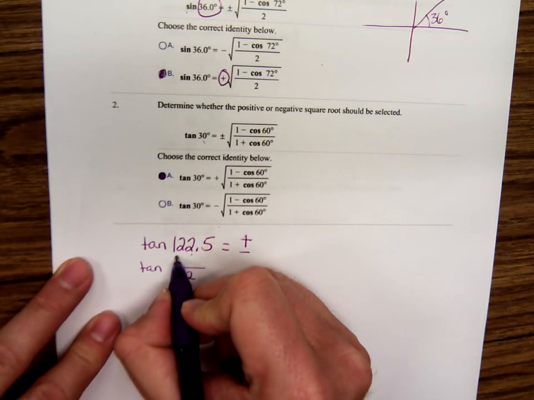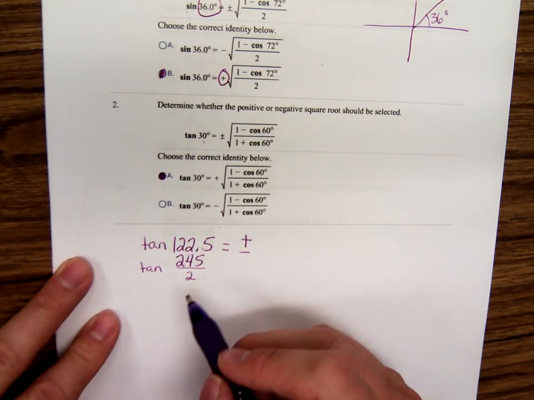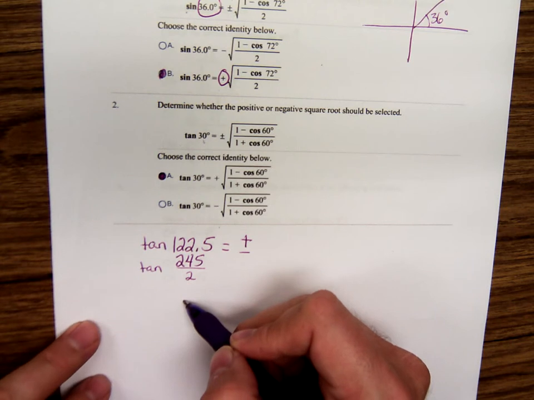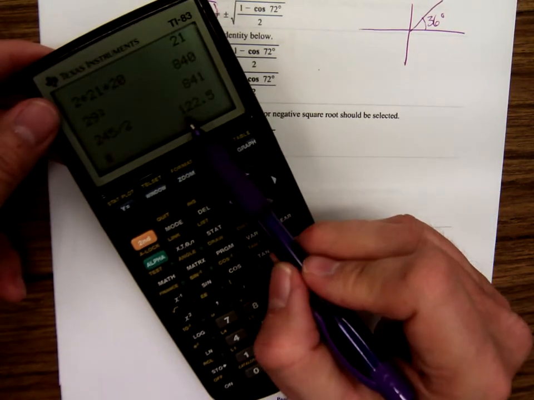Is it 245? Someone with a calculator? My brain is not working very well today. That's right. 245 divided by 2 is 122.5.